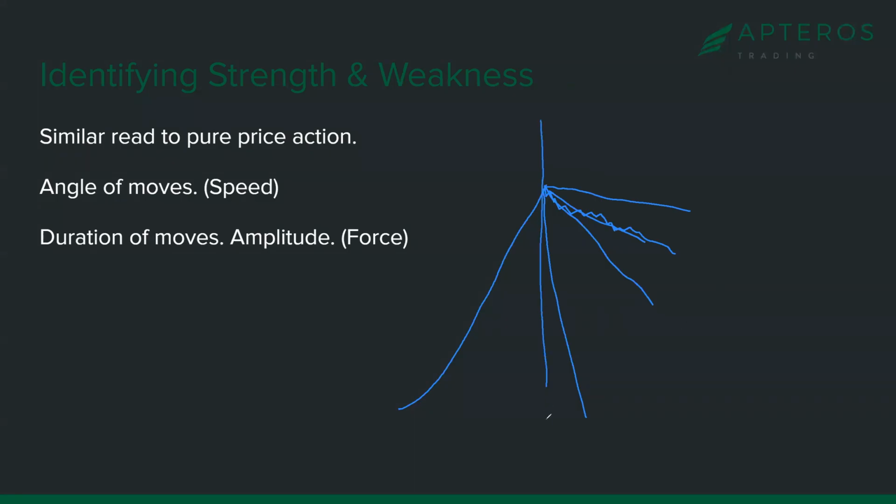Imagine that we've got this axis, right? 0 degrees, 90 degrees. So 80 is going to be really strong. 45 might be normal. 30, 15, I don't know, I'm making up these numbers, but these are weak and super weak.